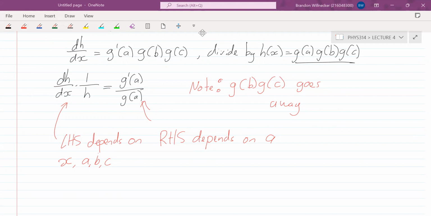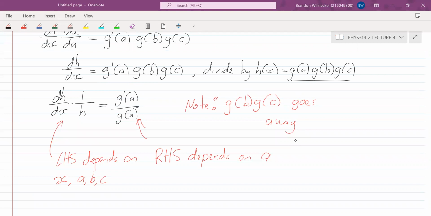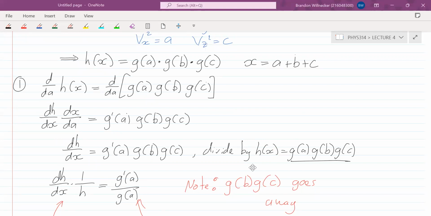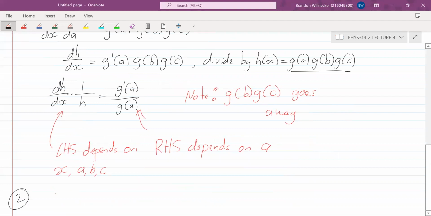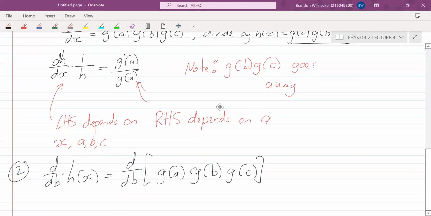Okay, so that gives us a constraint on what this left-hand side can be a function of, because we've got the right-hand side only depending on A and the left-hand side depending on x, A, B, and C. We can repeat this process by taking derivatives with respect to B and C. So for 2, we can take d by dB of h of x is equal to d by dB of g of A, g of B, g of C. And we will get a similar differential equation, but now the right-hand side will be g prime of B over g of B. So in that case, the right-hand side will only depend on B. You can do the derivatives and check.